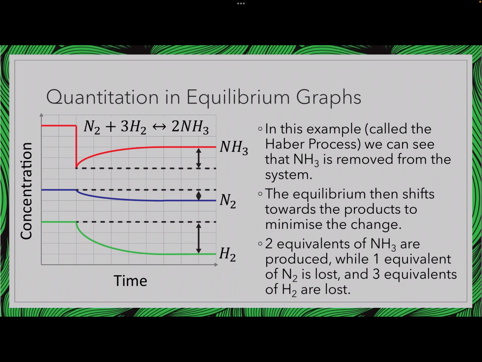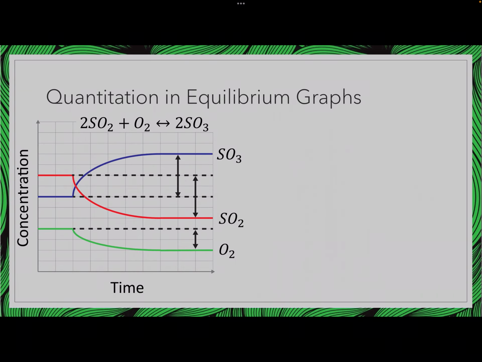Here's another example. We've got 2 SO2 plus O2 in equilibrium with 2 SO3. You can see our SO3 concentration increases by 4 squares. I haven't actually put any numbers in this, but we'll just use squares for now. So SO3 has gone up by 4 squares. If we have a look at the stoichiometric ratios, we should see an equivalent decrease in SO2 because they're 2 to 2, so 1 to 1. So the same amount of SO2 is removed from the system as is added to it.